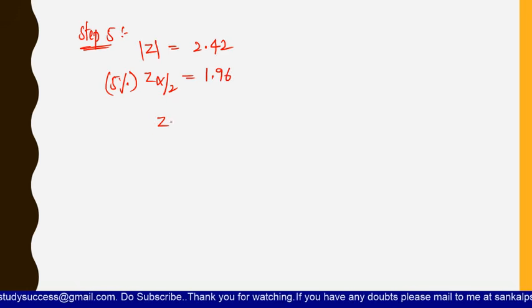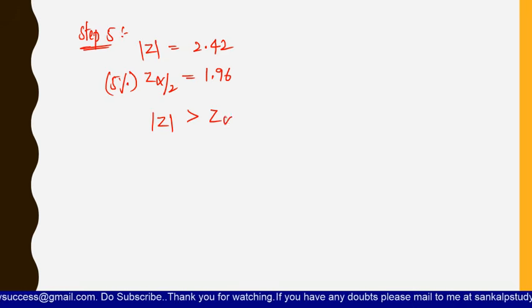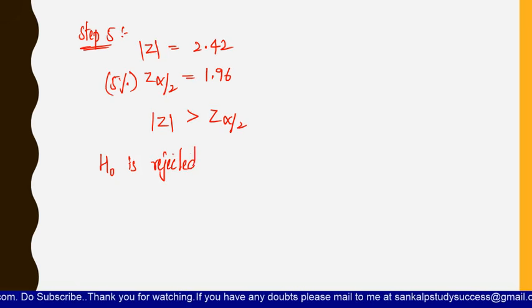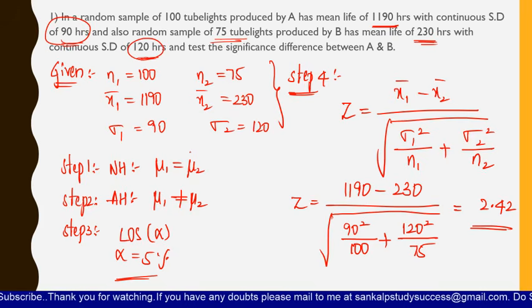That means the calculated value is greater than the tabulated value. So we can say that the null hypothesis is rejected. So we can conclude that there is a significant difference between A and B.